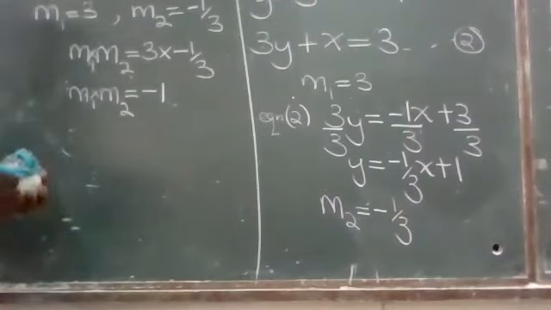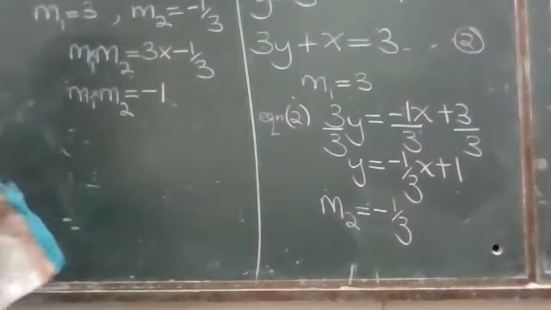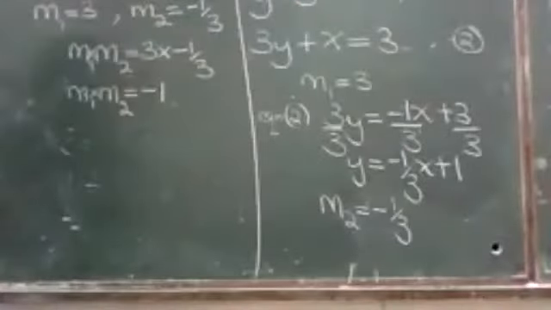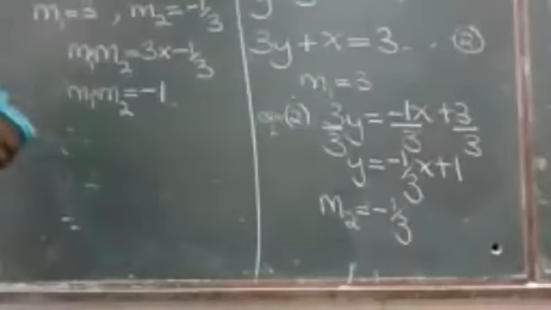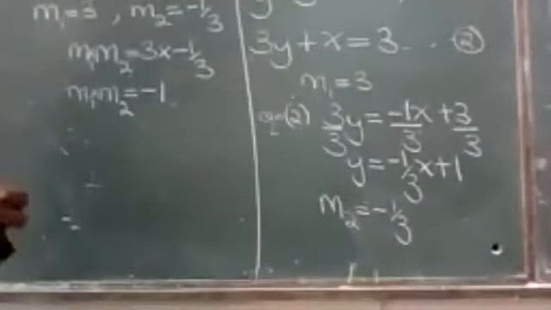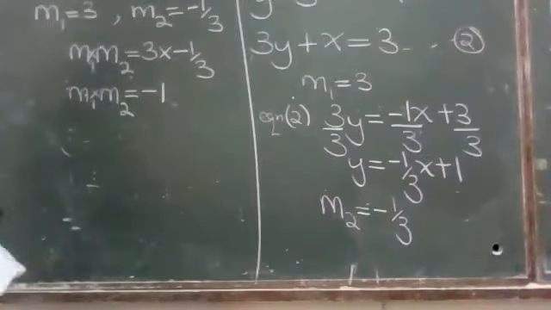The product of their gradients gives us -1. Teacher, can we also say that the gradient of the second line is the inverse of the gradient of the first line? Yeah, that was the other one I was expecting.